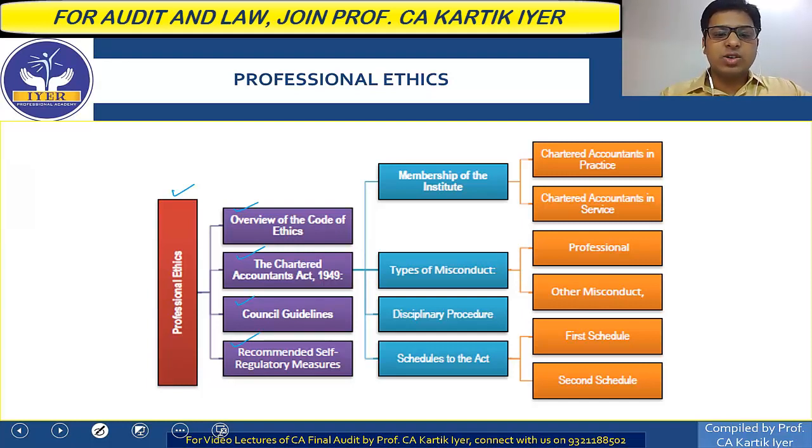Next, in relation to the Chartered Accountants Act 1949, the membership of the institute can be in 2 ways, that is CA in practice and CA in service. Second, they have given the types of misconduct that can happen, that is professional misconduct and other misconduct. The disciplinary procedure has been given, which is basically a chart that is available in the module also. And finally, you have the schedules to the act, that is the first schedule and the second schedule. This is just the overview. No amendment related matter here till now.